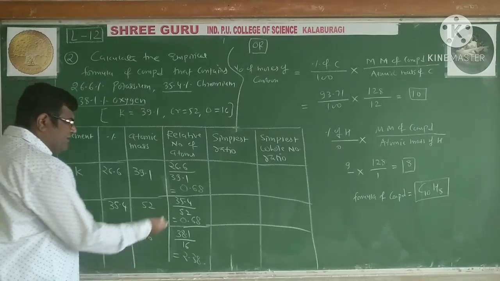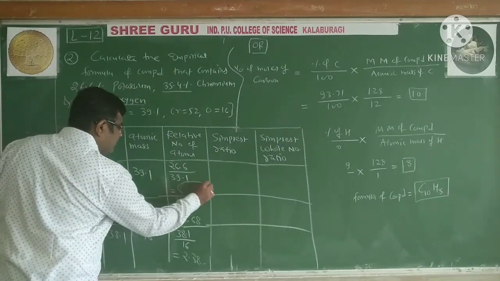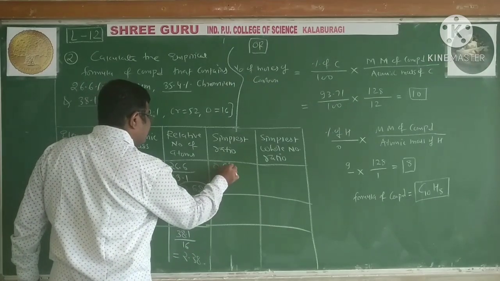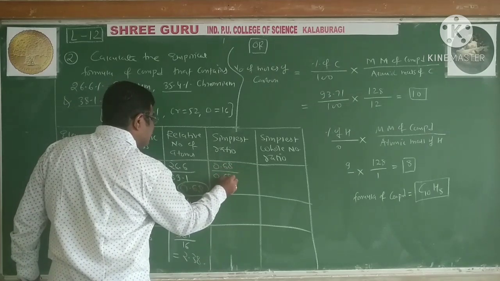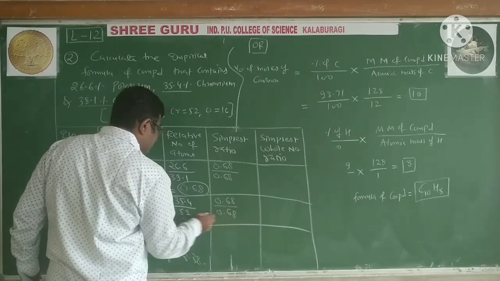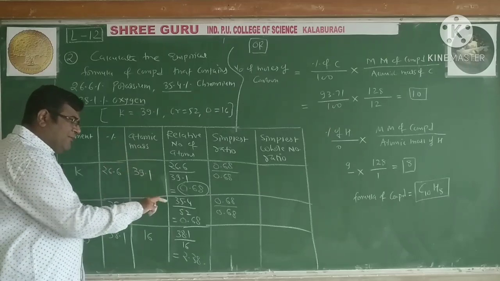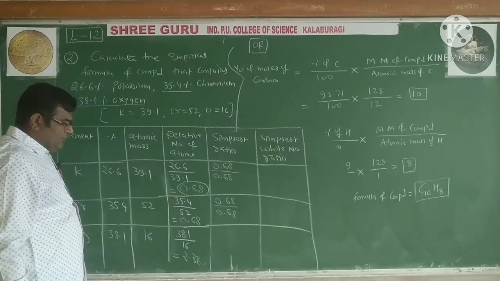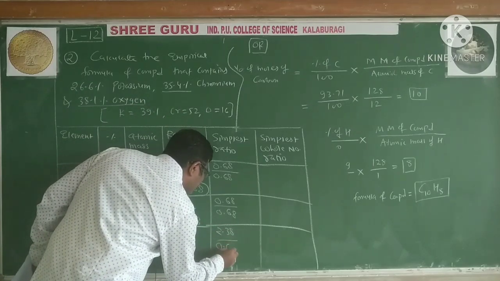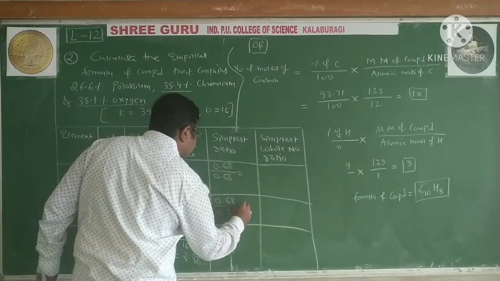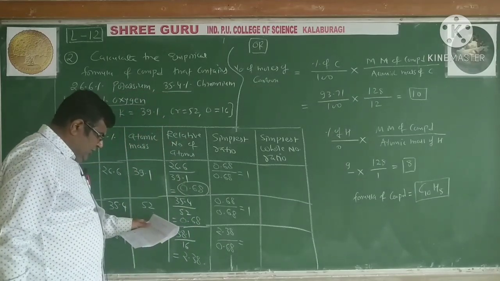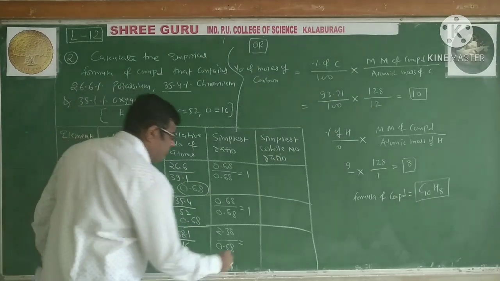The smallest number here is 0.68, so divide by 0.68, because it is to be divided by the smallest number of this column. This is 1, this is also 1, and 2.38 divided by 0.68 is 3.5.